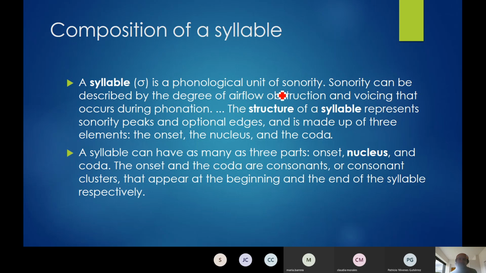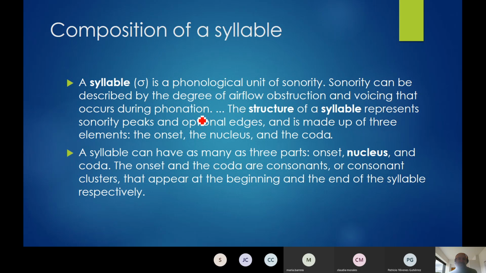So it's basically one single indivisible sound, okay? And sonority can be described by the degree of airflow obstruction and voicing that occurs during phonation. Phonation is the process when we actually say something and someone hears it. Phonation is when we use the lungs, the airflow, the vocal tract, and then we hear something. That's the process of articulating a sound.